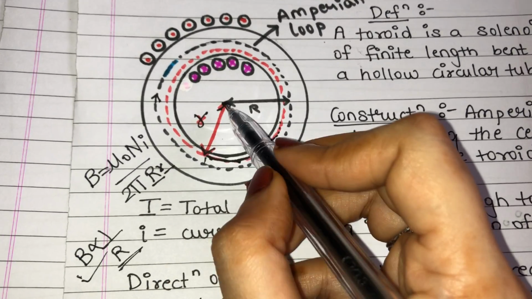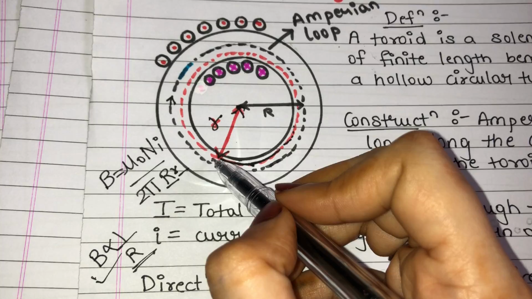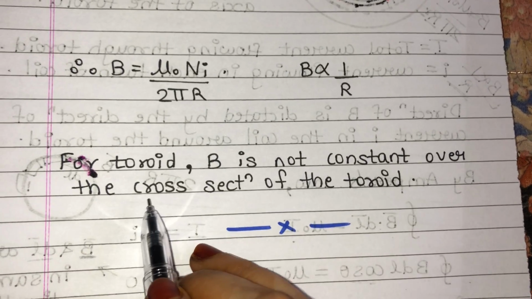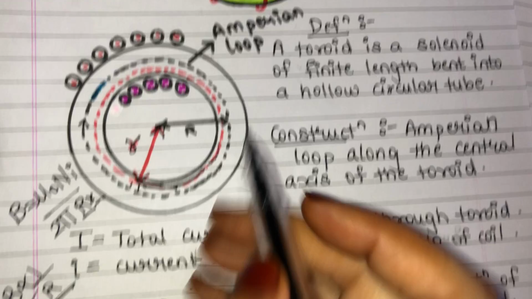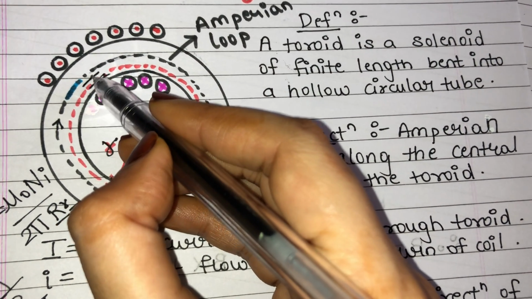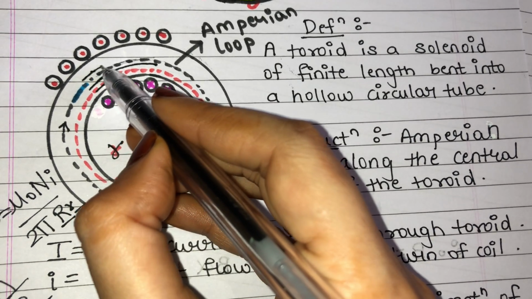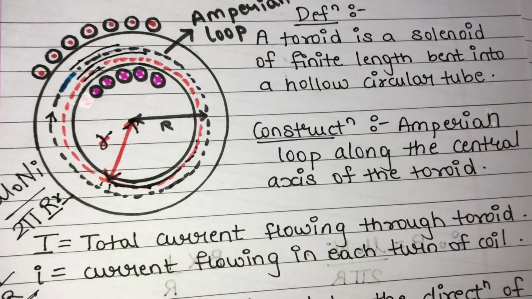So as this distance changes, my magnetic field changes. So what can I say for a toroid? B is not constant over the cross section of the toroid. If you are on this loop, B is one value. If you are making a loop over here, again B is something else. If you are making a loop over here, the distance from the center changes, so the magnetic field is different.